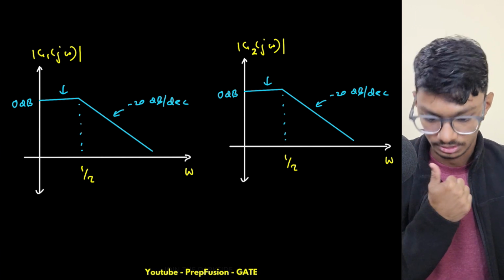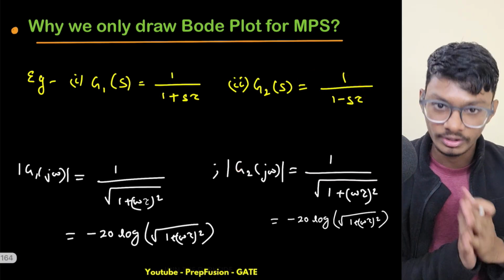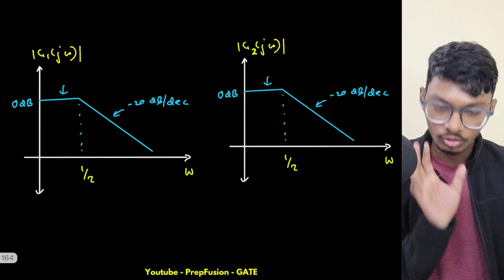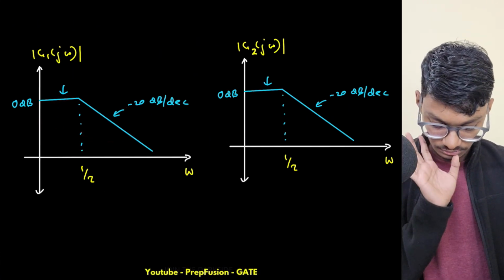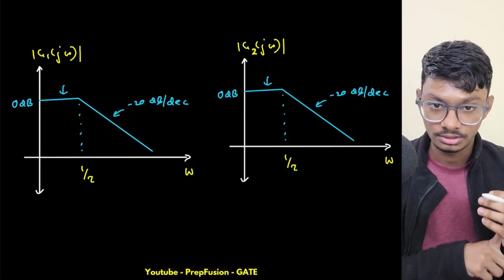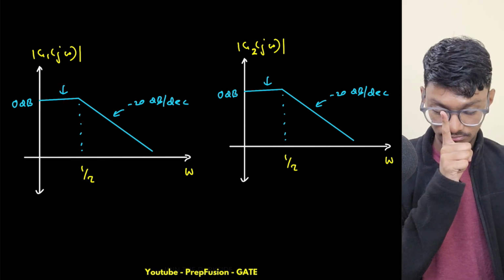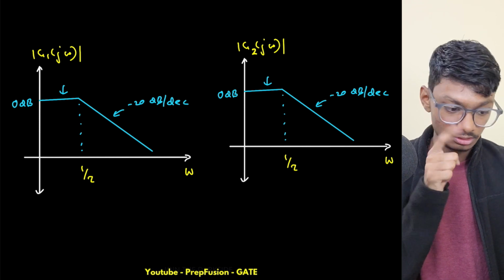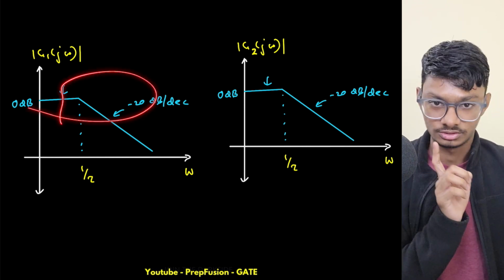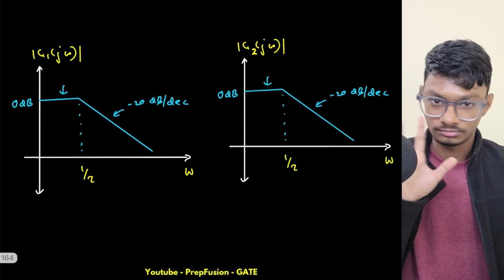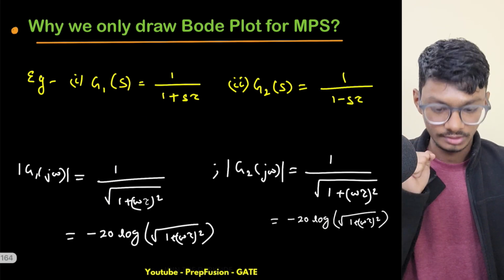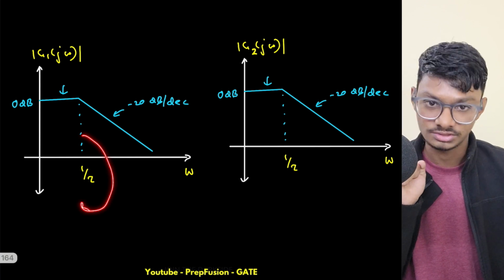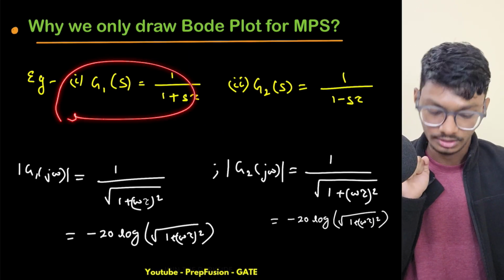Obviously it is written over here, but if just the magnitude plots are given, can you tell me which one is which? No, you can't. That's why we have established a rule that we will only plot for minimum phase systems, so that if this magnitude plot comes up, I can have only one transfer function according to this magnitude. So the transfer function of this one will be only this one, a unique connection.